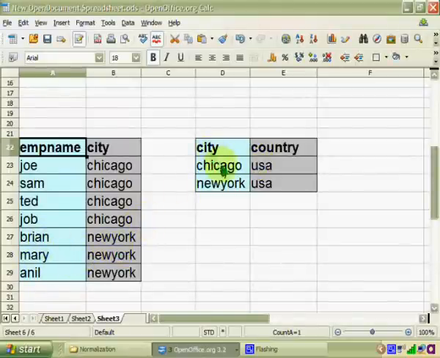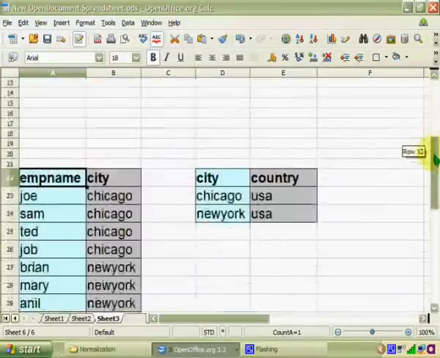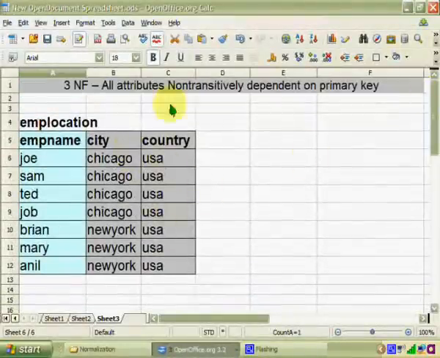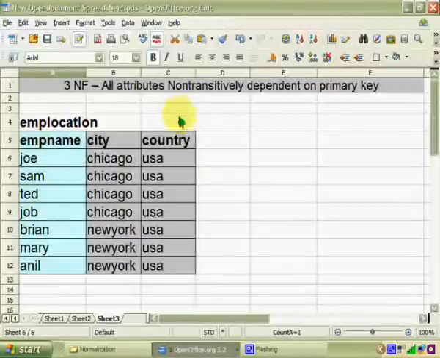And in one place I said that Chicago belongs to USA and New York belongs to USA. So by joining these two tables, I can get this information. The reason that caused the redundancy here was that the country was not non-transitively dependent on the primary key. The country was indirectly dependent on the primary key.